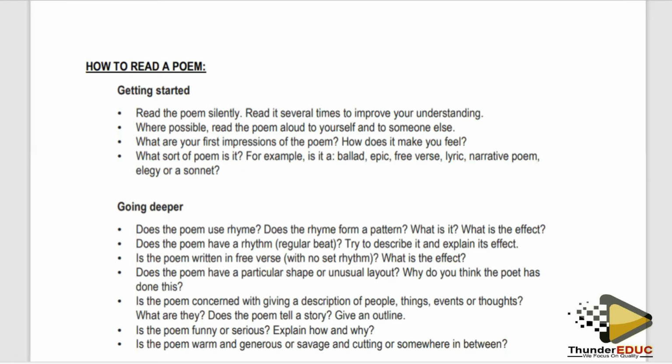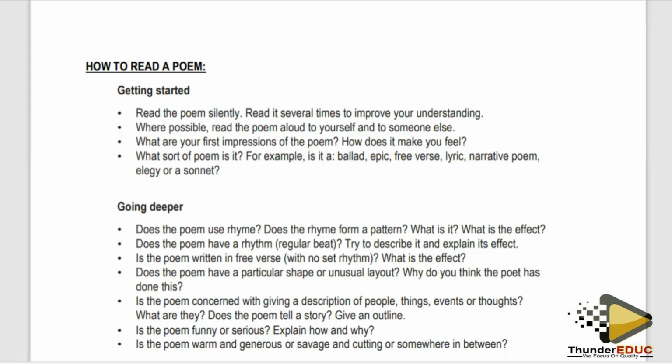Does the poet use rhyme scheme? Remember, we talked about rhyme scheme, whereby we're talking about A, B, A, B, A, A. That's the rhyme scheme. What is it? If you must identify it, you must write it down to say different rhyme schemes in each stanza or the same rhyme scheme throughout the poem. If it has a fixed rhyme scheme, which means it's not a free verse.